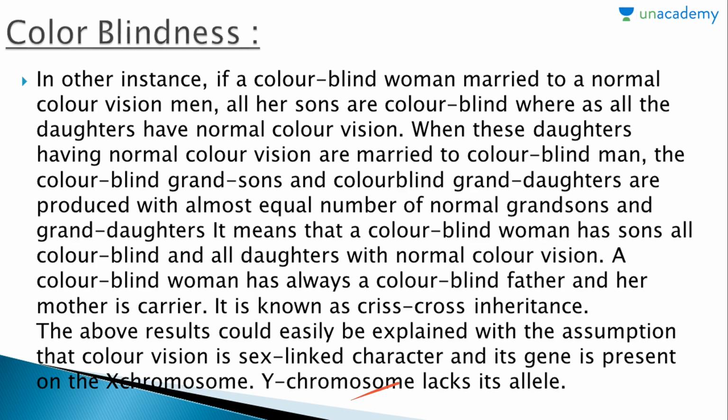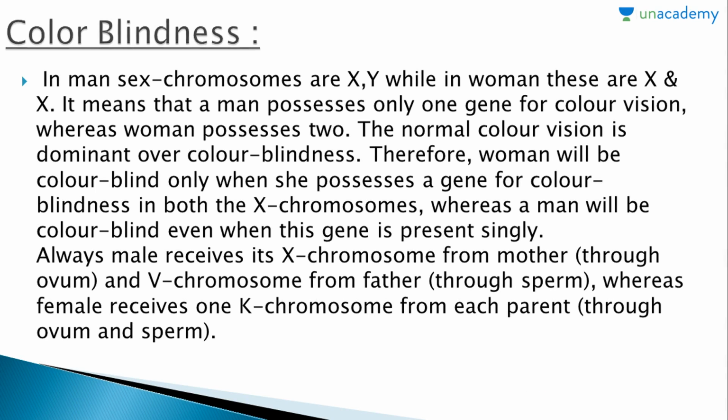The Y chromosome lacks its allele. In men, sex chromosomes are XY, while in women these are XX. It means that men possess only one gene for color vision, whereas women possess two.